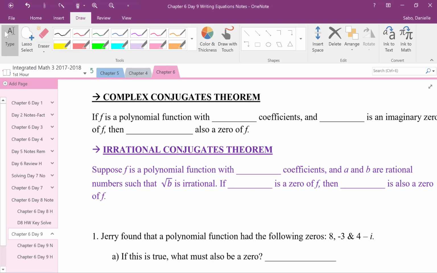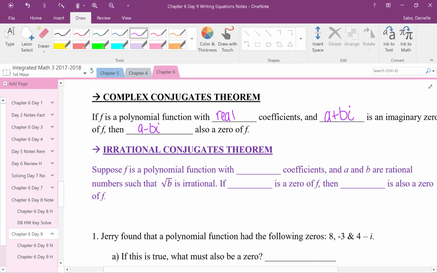Okay, so there are 2 different kinds of theorems. We have the complex conjugate theorem and the irrational conjugate theorem. The complex conjugate theorem says: if f is a polynomial function with real coefficients, and a plus bi is an imaginary zero of f, then we know that a minus bi is also going to be a zero of f.